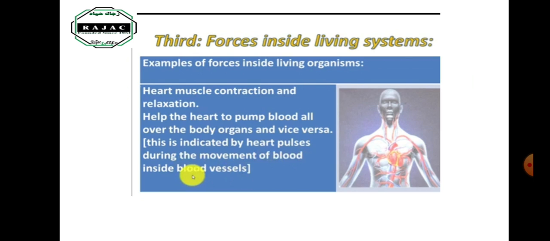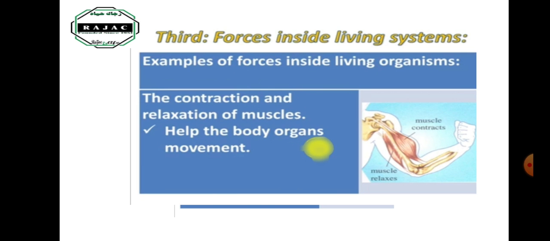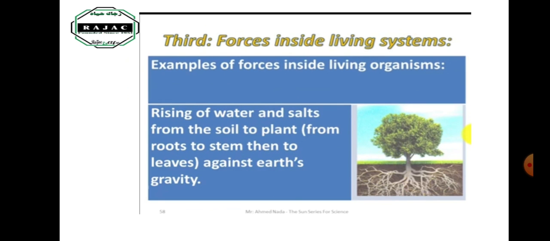And the last part, we talked about the forces inside the living system, such as number 1, heart muscles contract and relax to pump the blood to all the body parts. Number 2, the muscles of the body contract and relax for motion. Number 3, liquids inside the plants, such as water that can be absorbed by the roots to the stem, then to the leaves, to help the plant to make its own food.